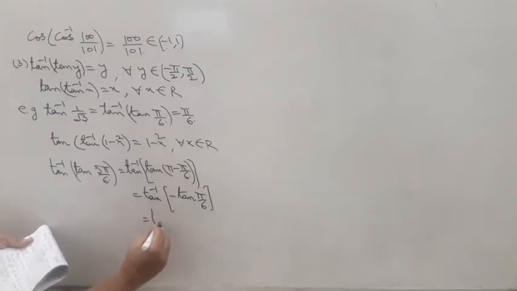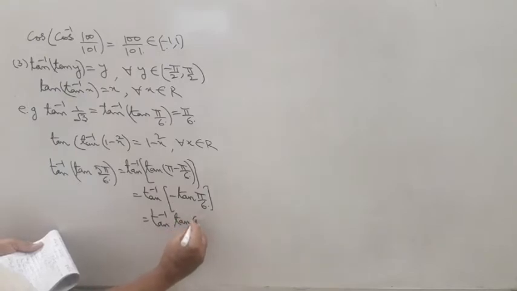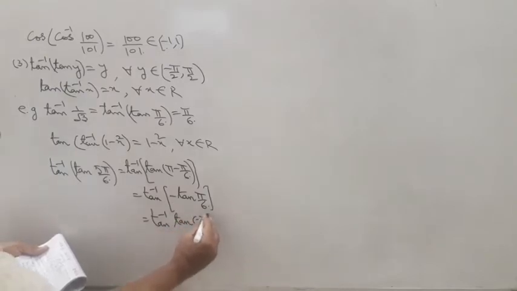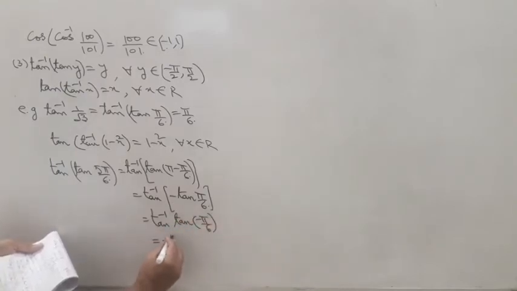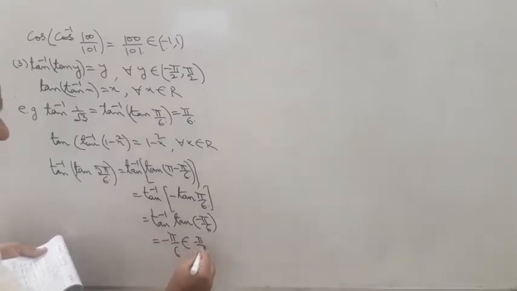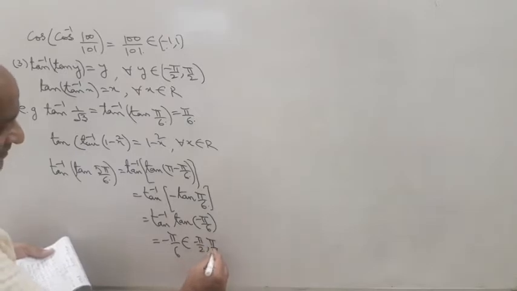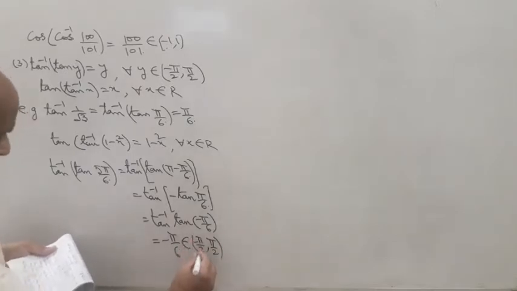It is nothing but tan inverse of tan of minus pi by 6, which is equal to minus pi by 6. It is a member of the principal value branch, this open interval.